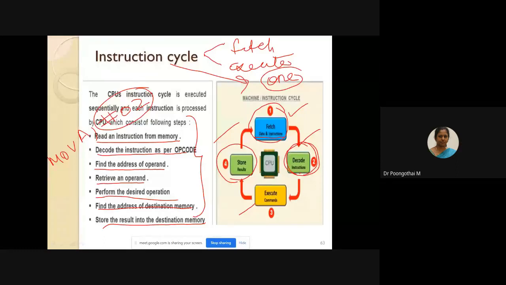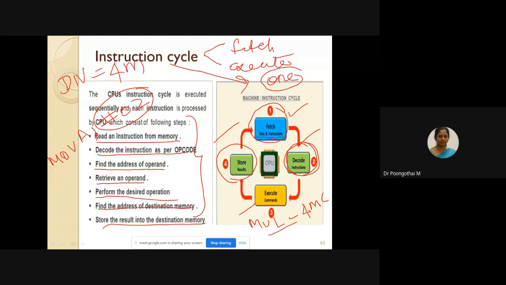Okay. So here the machine cycle is part of the instruction cycle, depending on the type of instruction. A single instruction might need one or more machine cycles to get executed by the CPU. For example, the multiply instruction requires 4 machine cycles to execute a single instruction. Similarly, div requires 4 machine cycles.